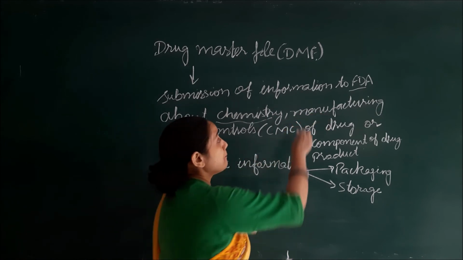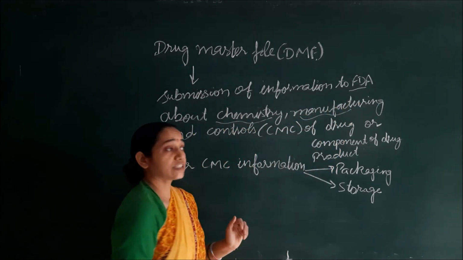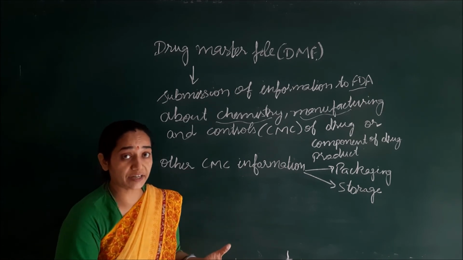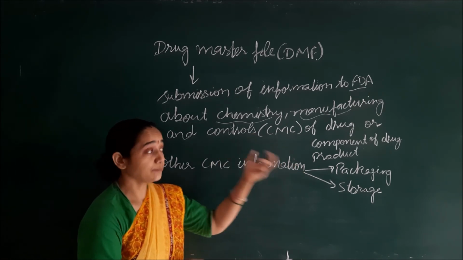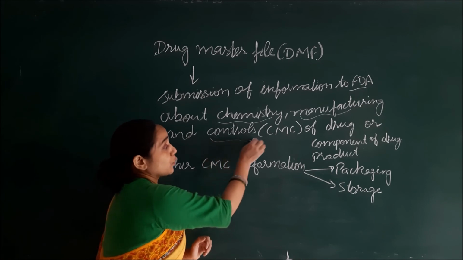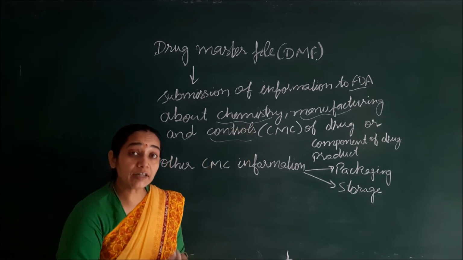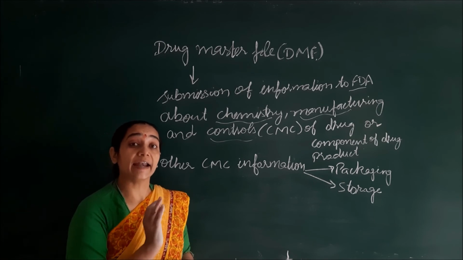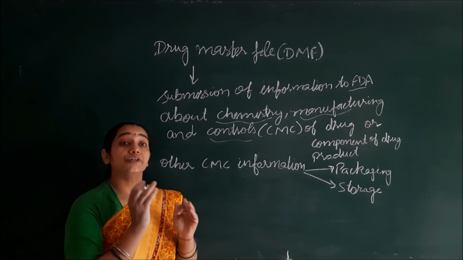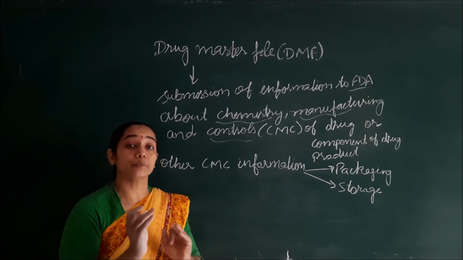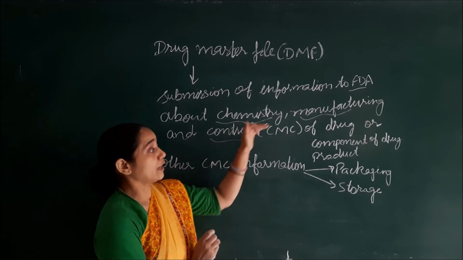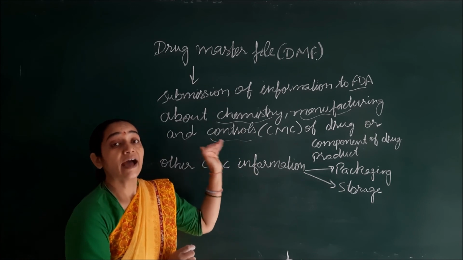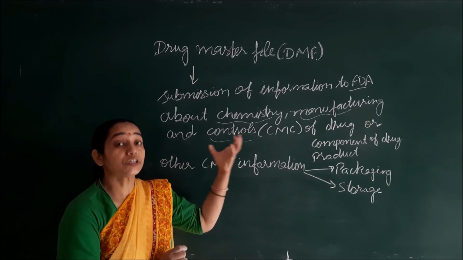Next, manufacturing: how this particular drug substance or drug product has been manufactured, and its controls, meaning the different controls governed and considered during manufacturing so that uniform and reproducible production of the particular drug or drug substance component can be achieved in a good yield.